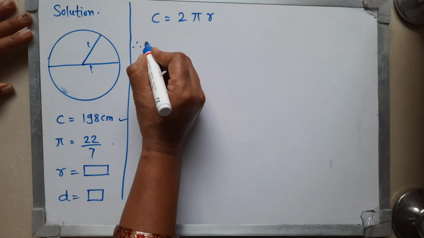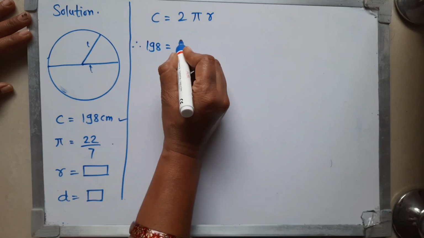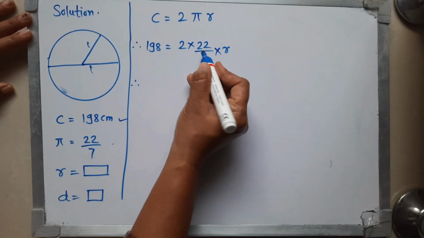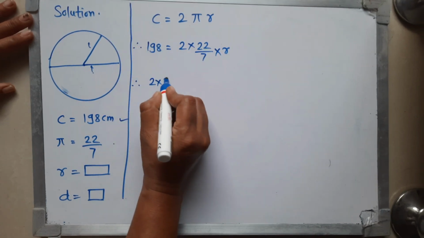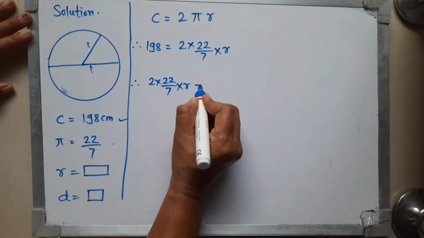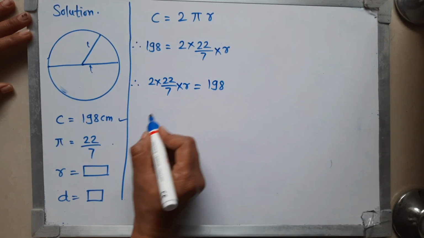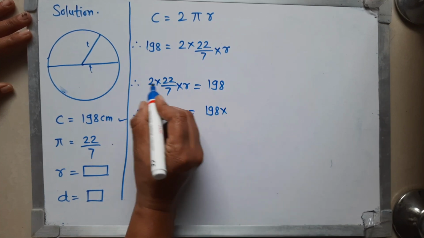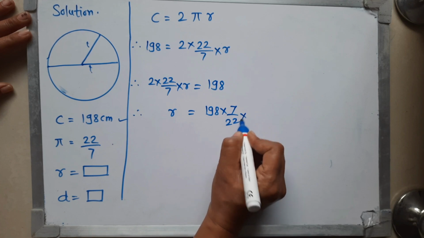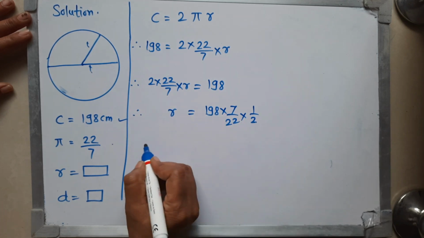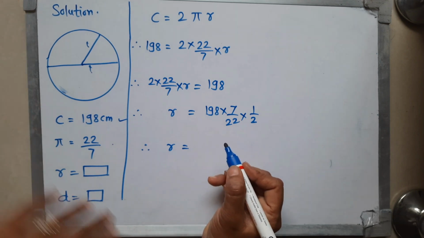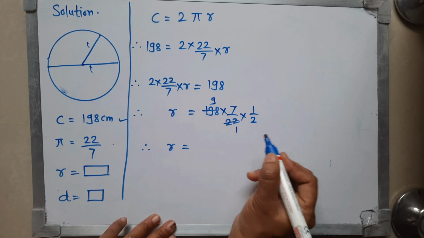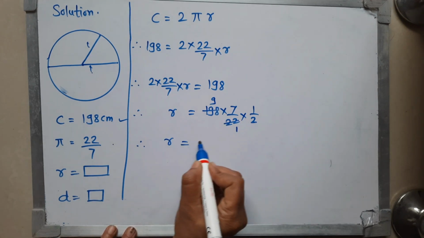Write down the formula. C is equal to 2 into pi into r. C is 198, equal to 2 into 22 upon 7 into r. Taking r on the left side and all numbers on the right side. r is equal to 198 into 7 upon 22 into 1 upon 2. 22 1s are 22, 22 9s are 198.